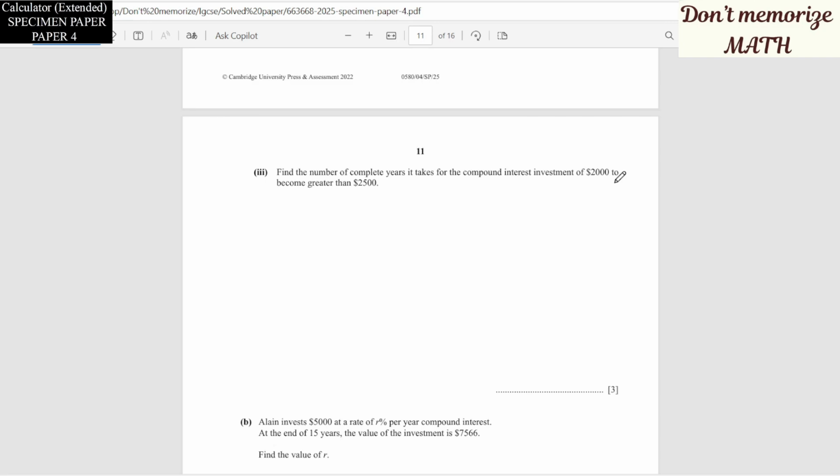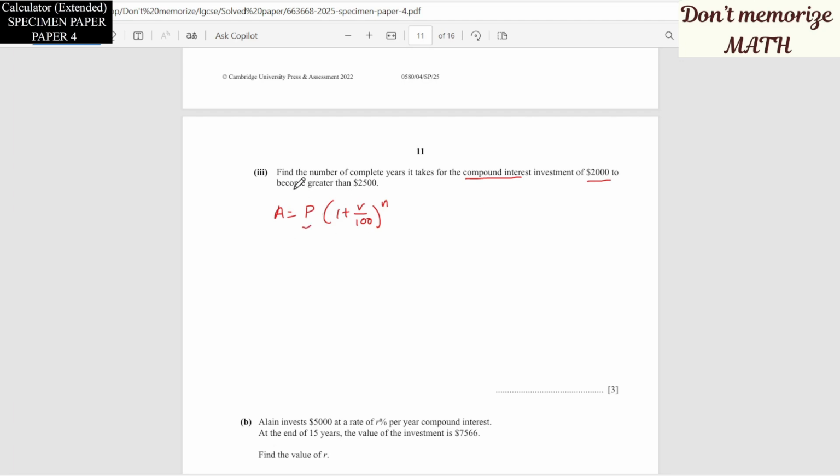I will write the formula: the total amount is P times (1 plus R over 100) raised to n, because it is compound interest. They invested $2,000, so P is given.